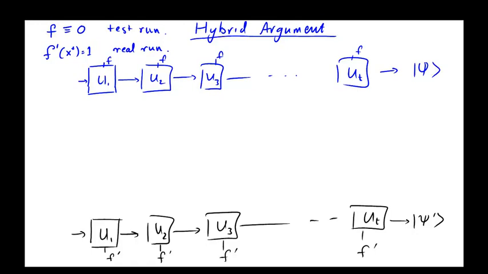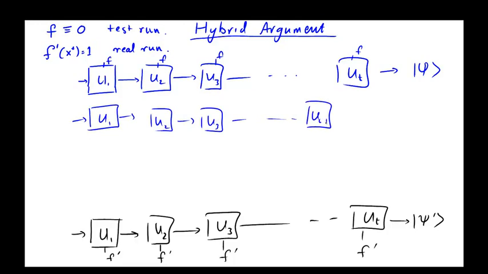And so the way we'll do this is we are going to modify the test run into the actual run one step at a time. What I mean by this is that we'll do a run where everything looks like the test run, except that the last step is done as though we were doing the real run of the algorithm.